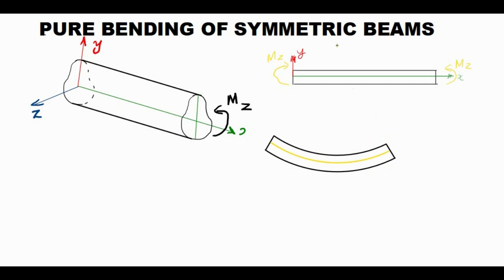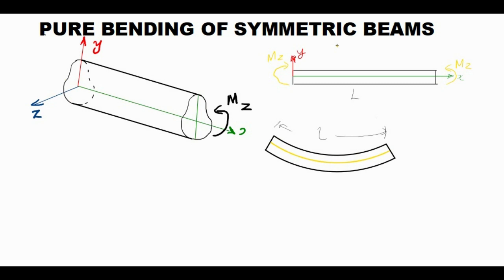If L is the length of the beam, the length of this fiber will be the same, that will be L. That length does not change.